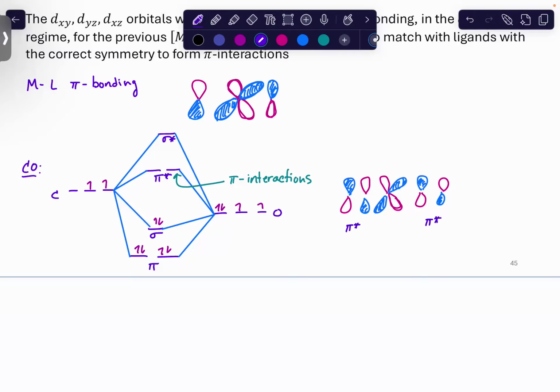So you're going to get pi back bonding into that pi star level, and you're going to use some of those p orbitals now to form a pi interaction with the metal.